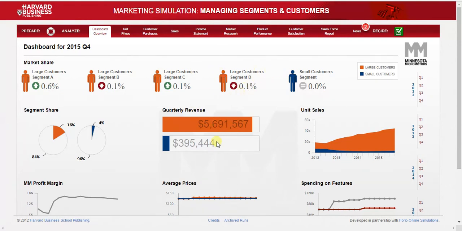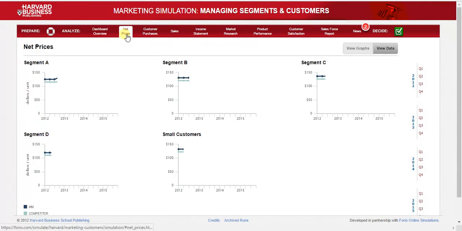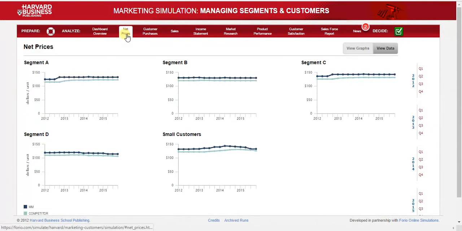There is also the quarterly revenue graph, unit sales graphs, spending on features graphs, average prices, and the Minnesota Motors profit margin graph. From there, we have the net prices tab, which shows the prices that customers in each segment pay within a quarter.